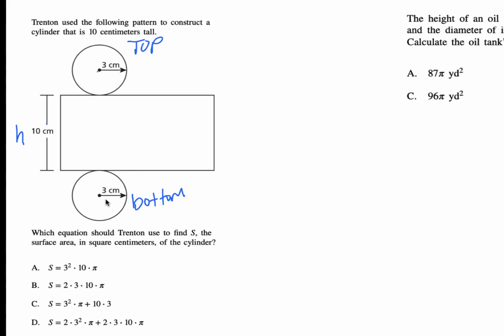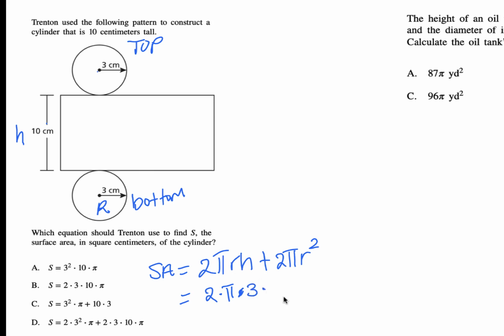So we know that the formula for the surface area of a cylinder is SA equals 2 pi RH plus 2 pi r squared. So we have 2 times pi times, now this 3 here is our radius, so that will be 3, and then our height is 10, plus 2 times pi times, and our radius is 3 squared.